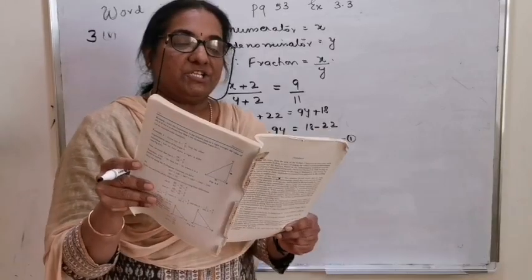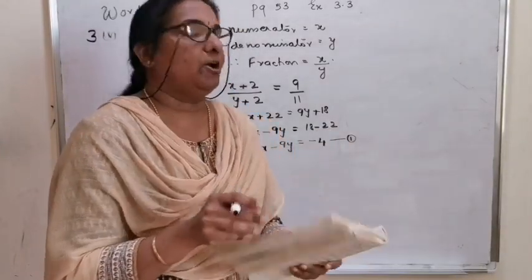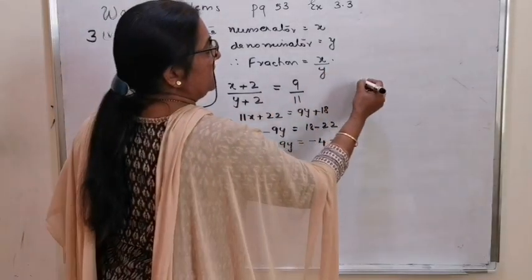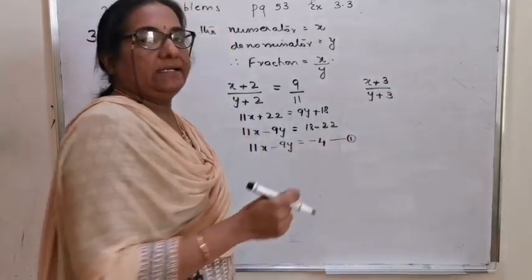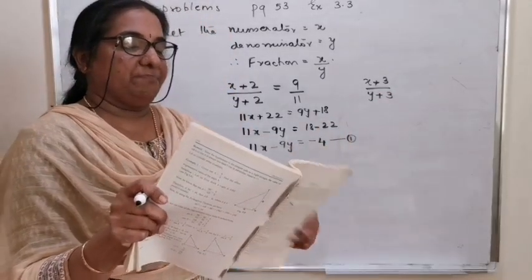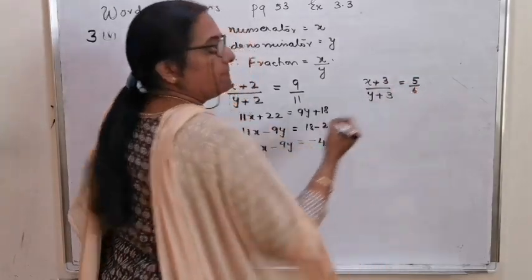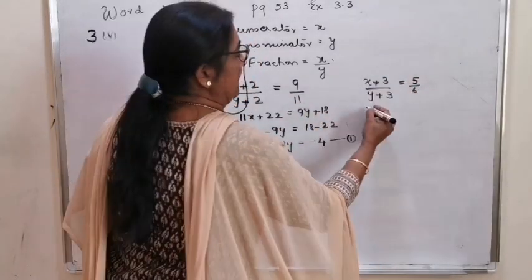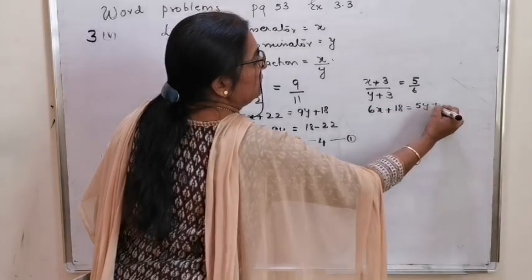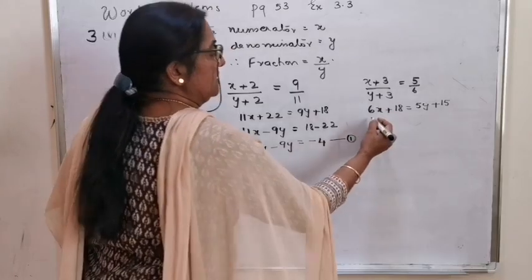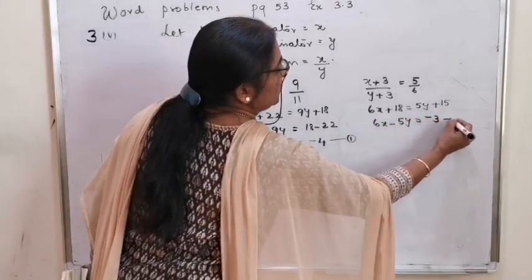The second equation: if 3 is added to both numerator and denominator, the fraction becomes 5 by 6. Again cross multiplying, 6x plus 18 is equal to 5y plus 15. 6x minus 5y is equal to minus 3.